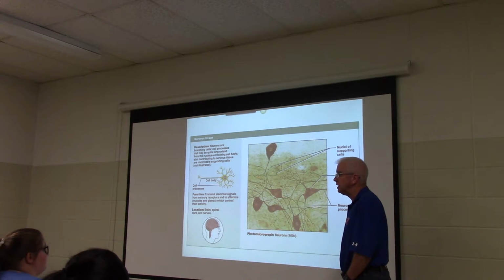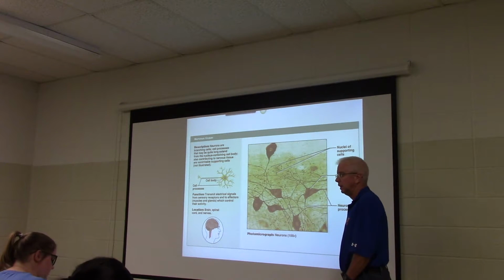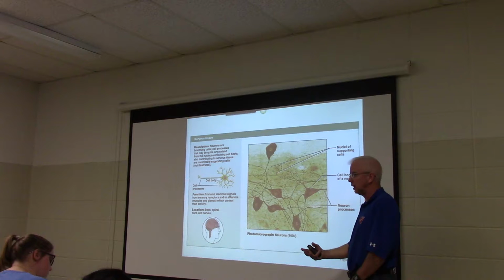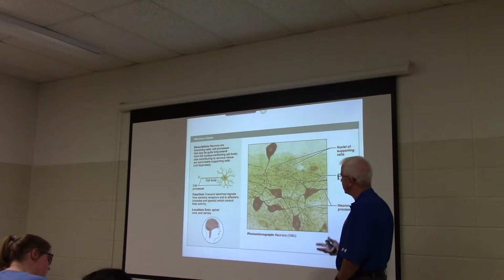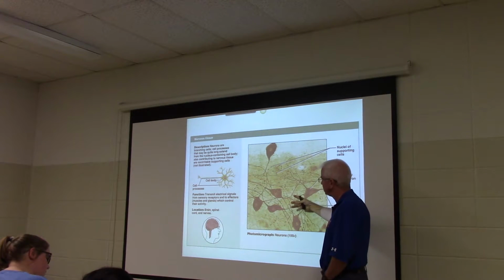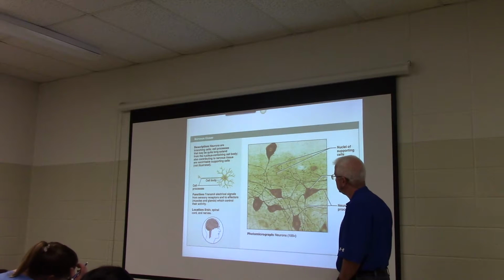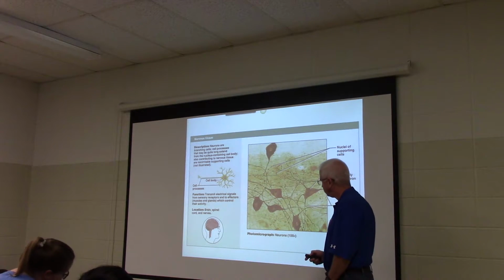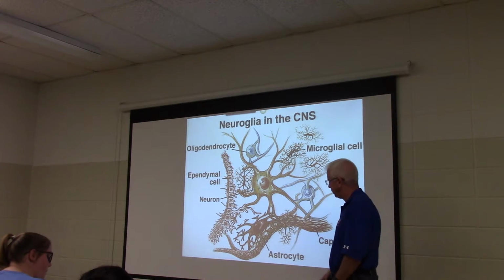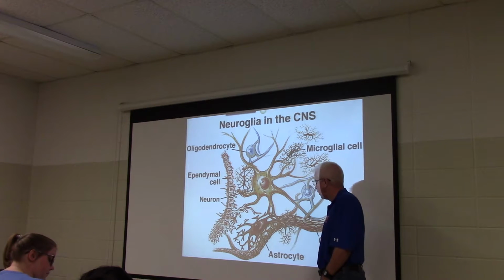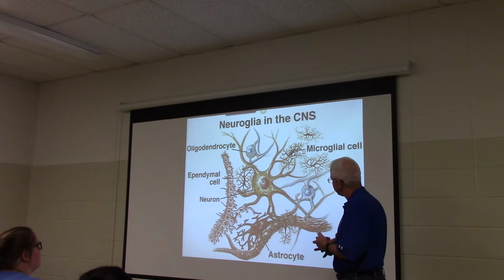The word means glue. And so if you hear the word neuroglia, you think of the cells that are outside the nervous cells holding the tissue together. Now, we'll want to talk about several of these as we work our way through anatomy.